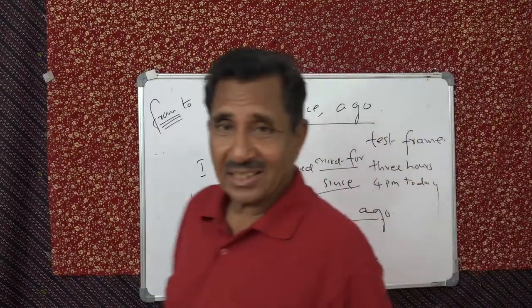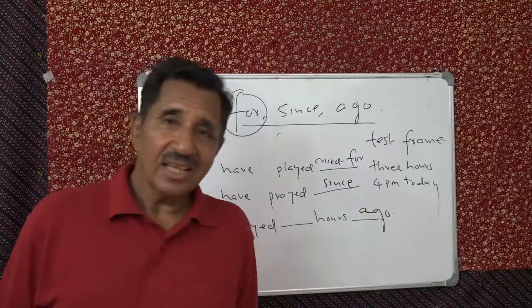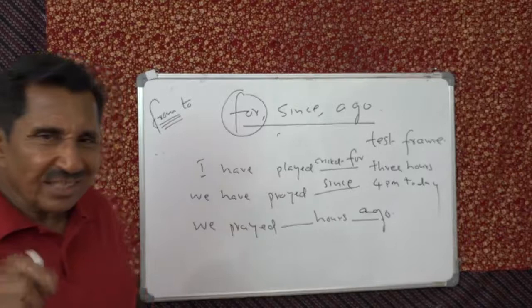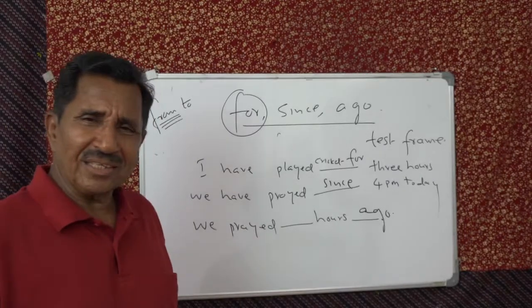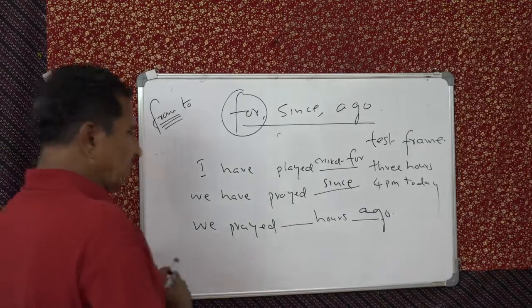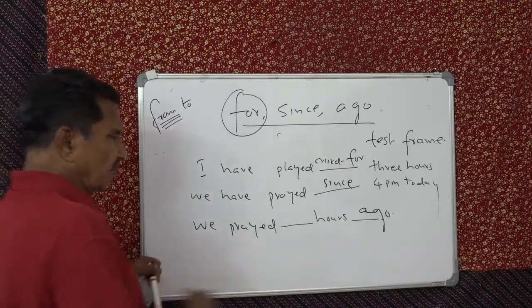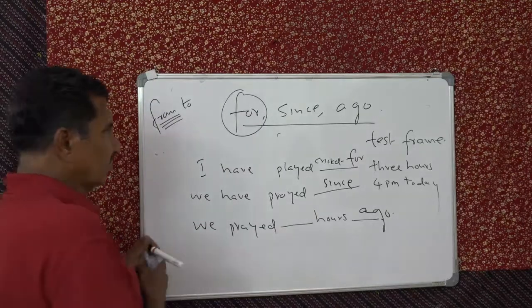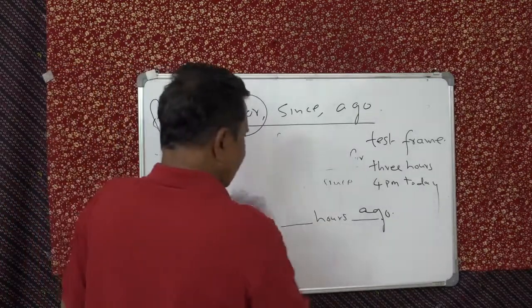If the test frame sentence has past tense, just see this past tense, you can easily understand it must be ago, because ago means from now to back, past. I think it is now very clear to you.